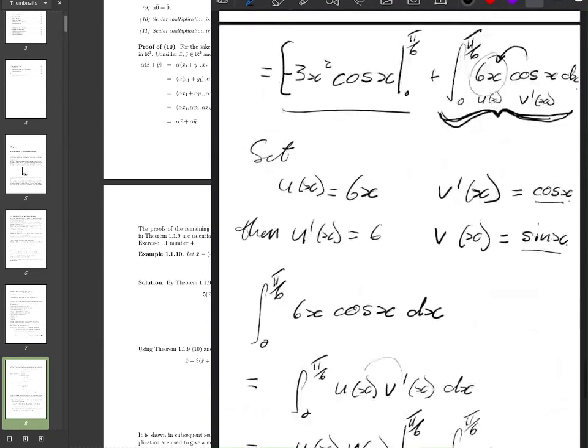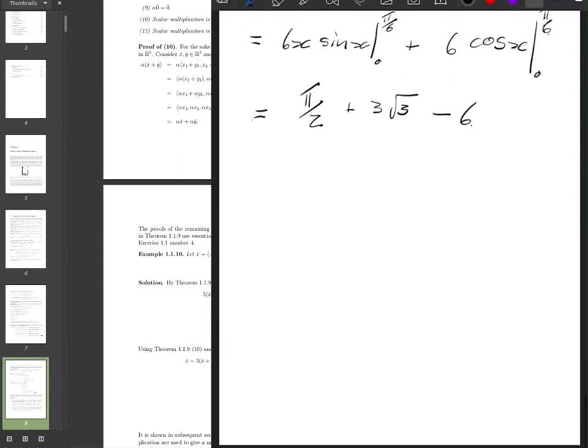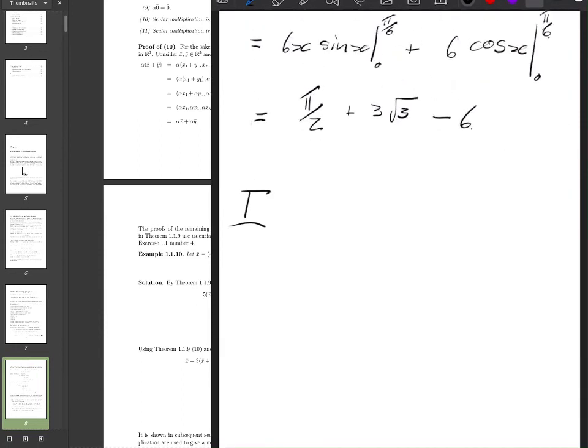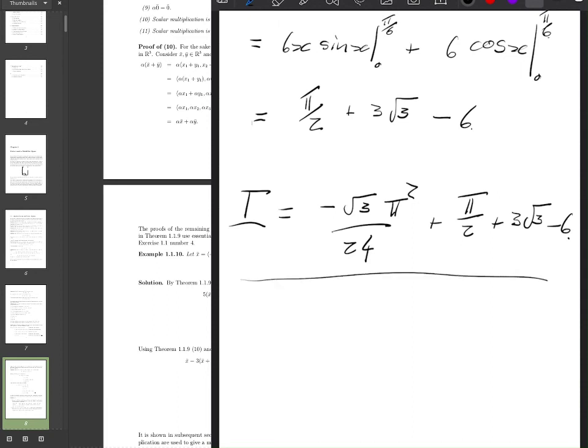And if we go substitute what we have in there, what we then get is our original integral is minus square root 3 pi squared over 24 plus pi over 2 plus 3 square root 3 minus 6. So I would suggest, as an exercise, you go confirm that our integral is equal to that.